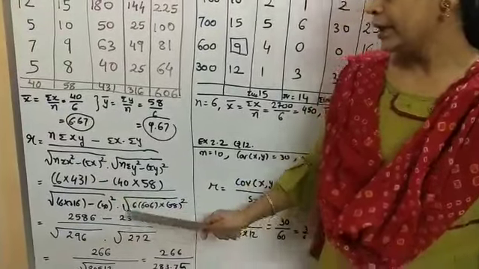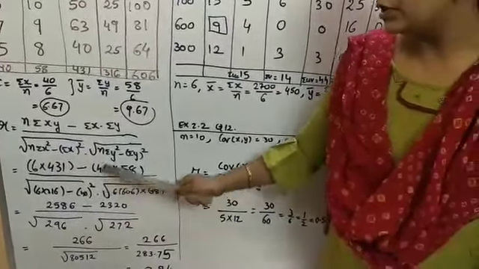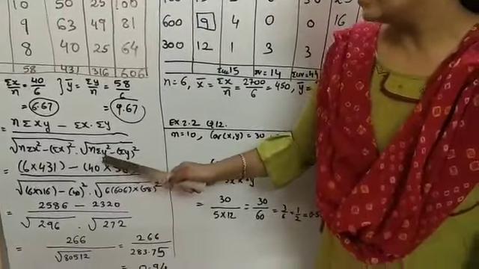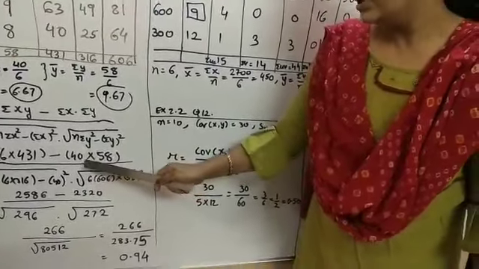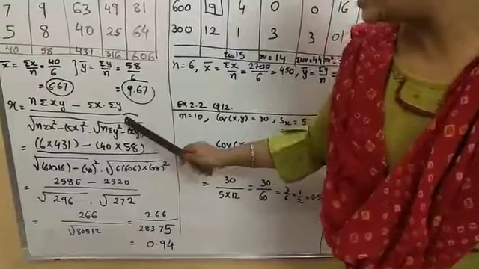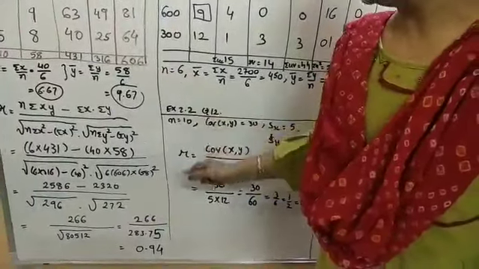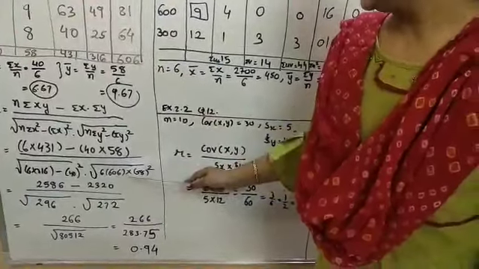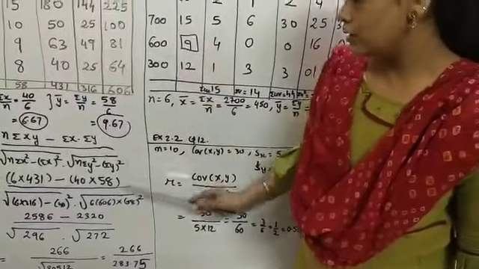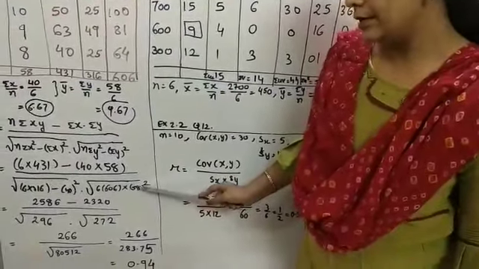Is it clear? Then, same procedure, under root n sigma y square: 6 into sigma y square, that is 606, minus sigma y whole square. That means go to this working, 58. 58 whole square. Is this clear? Okay.